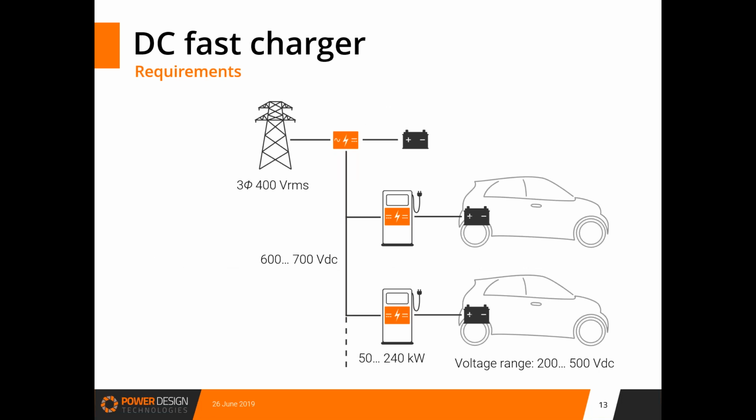This is the example we're going to consider, with a central inverter from the network, a battery energy storage system, and then several DC terminals in order to be able to charge different vehicles. I propose you consider one of these terminals with the following requirements: a high voltage of 700 volts, a power of 50 kilowatts, and a low voltage of 450 volts.